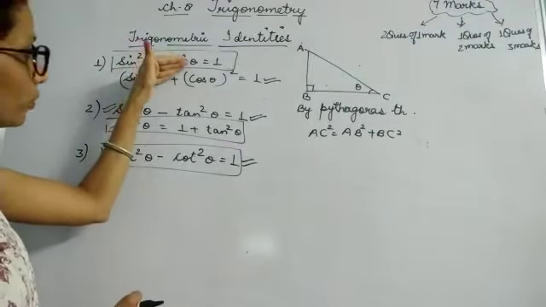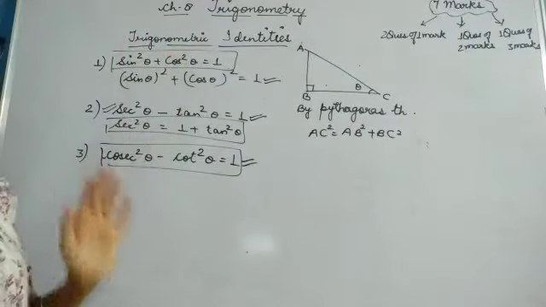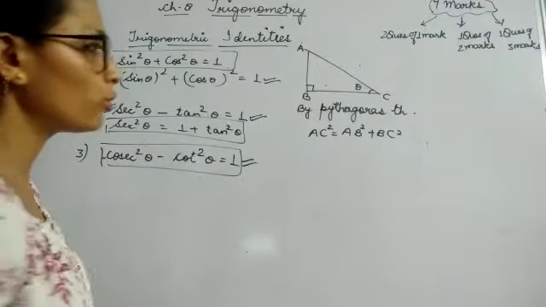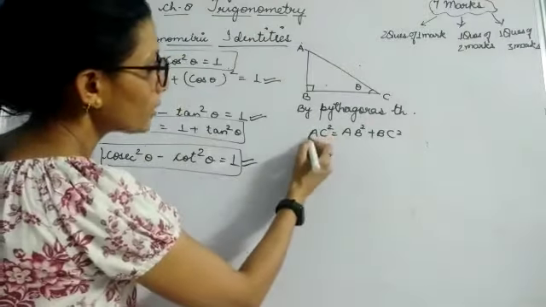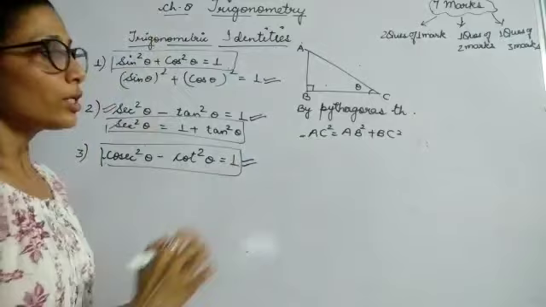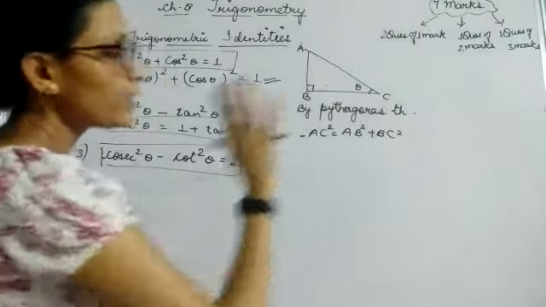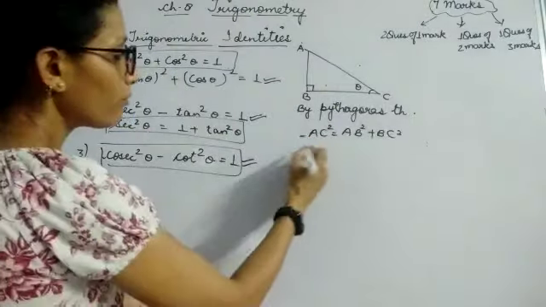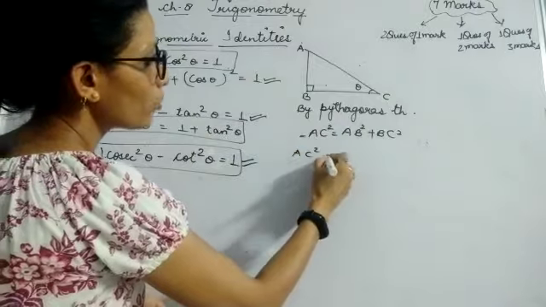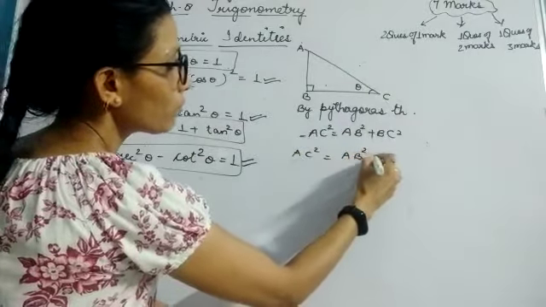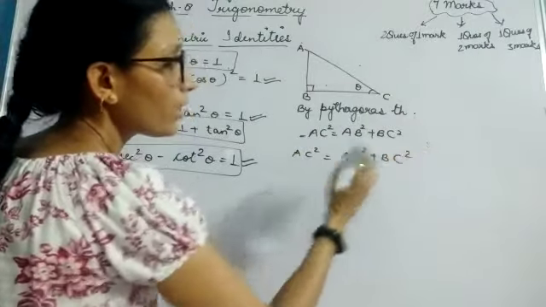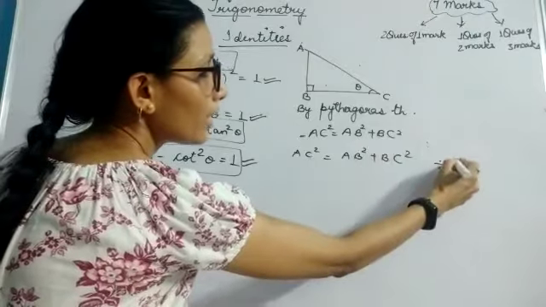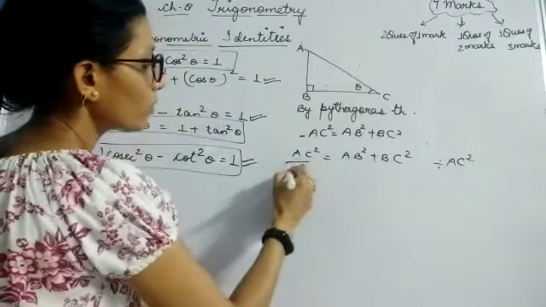Now to do the proofs of all the three identities, what you have to do? First of all, let's suppose I take AC. So you divide this complete equation by AC square. If I divide AC square equal to AB square plus BC square by AC square, then what will I get?